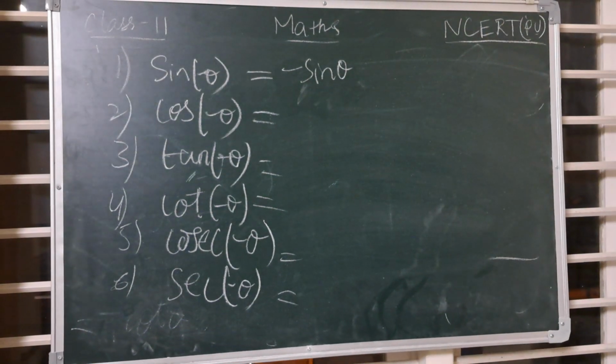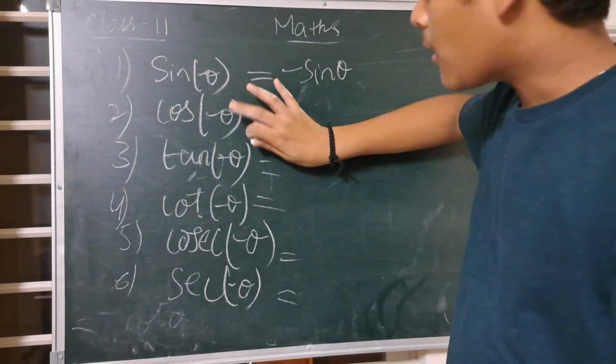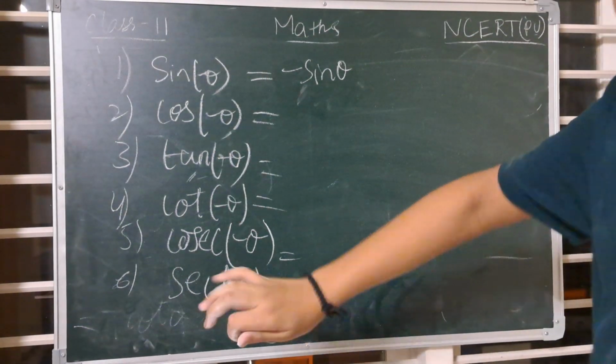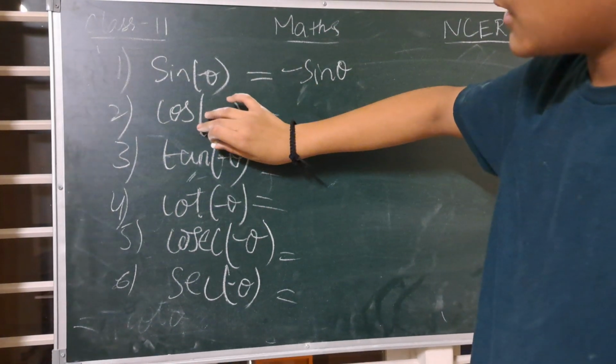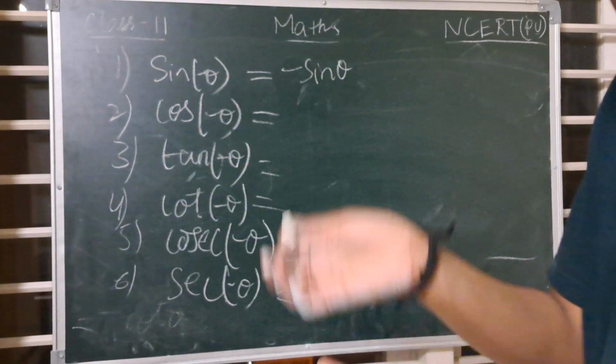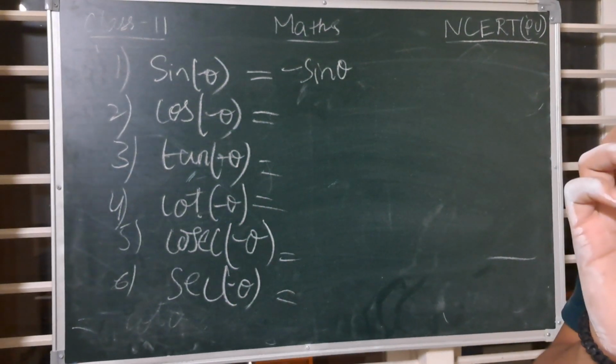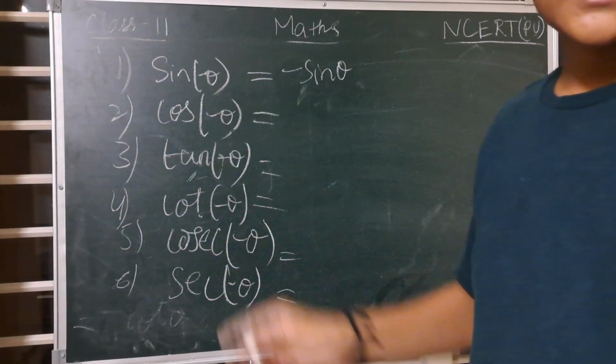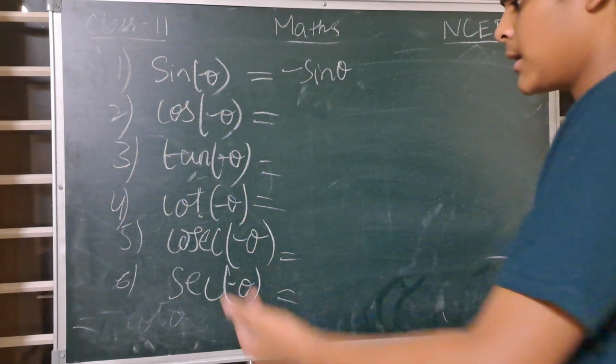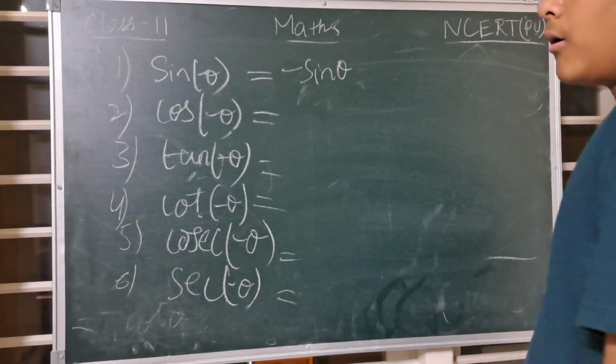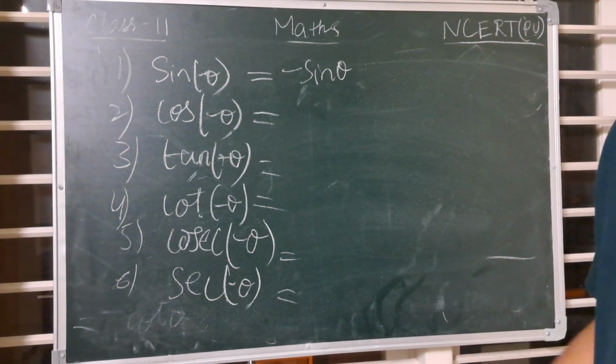Only cos and its reciprocal secant, if they contain minus theta, will be positive. For the rest, sine, cot, tan, cosecant, everything will be negative.